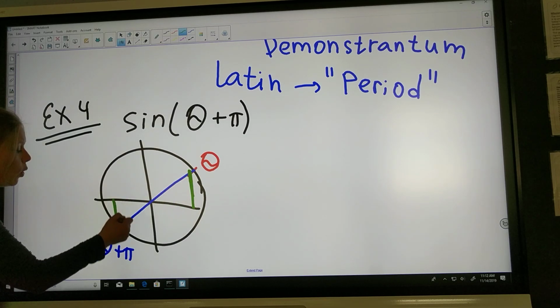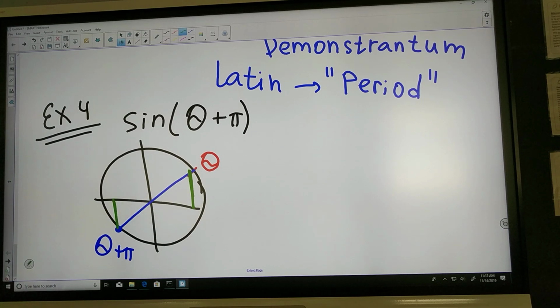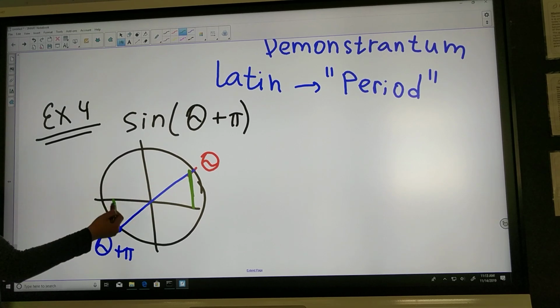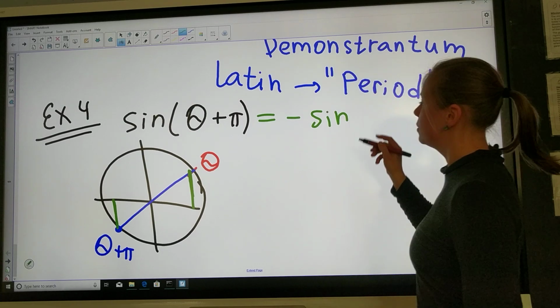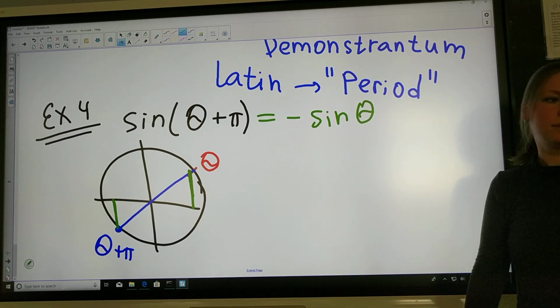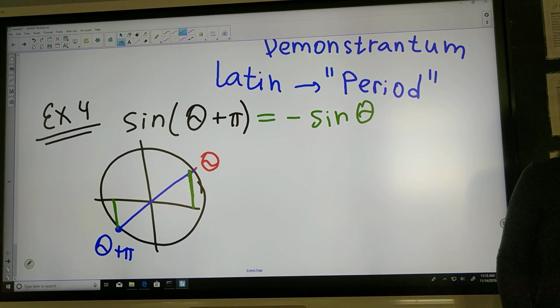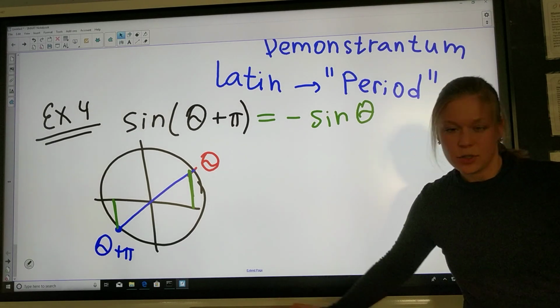So how can they relate? They have the same value, but opposite sign. This is positive, this is negative. So I can write this as minus sine theta. And we are done. Alright, I'll stop the recording now.